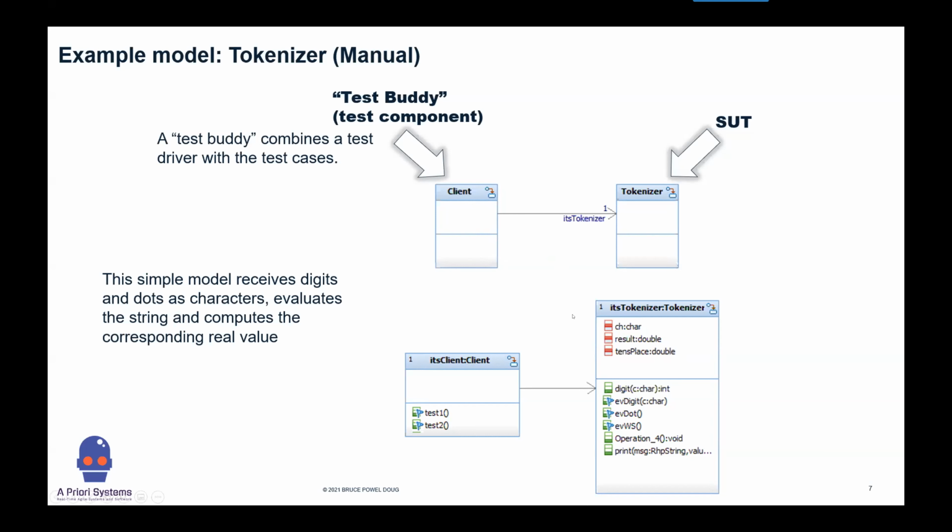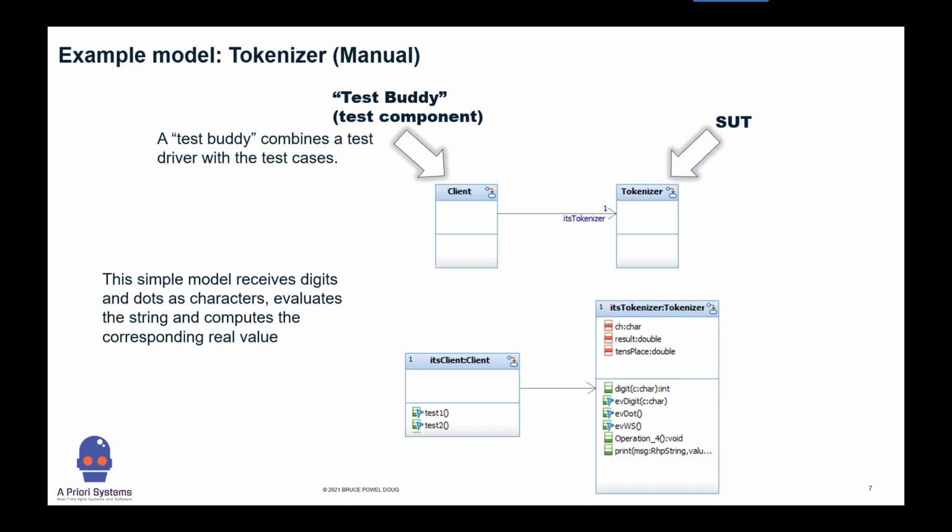In the second part down below, we see what it might look like on an IBD, where we've got these parts communicating, and this is, of course, a connector rather than an association, but it's typed by this association out here. In this particular case, the tokenizer is going to receive digits from a string.